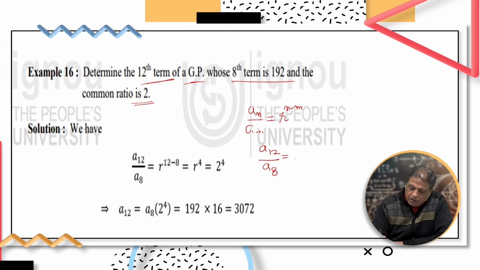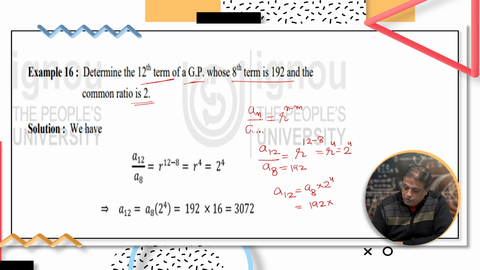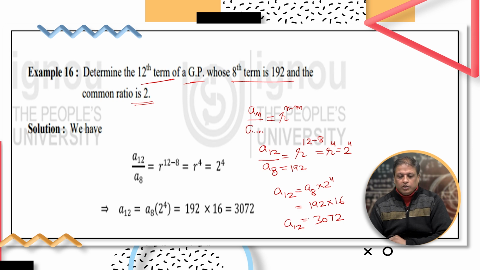So our common ratio r is there, 12 minus 8, that means r to the power 4, and what is r? r is 2, so 2 to the power 4, which is 16, and a8 is given to be 192. So a12 is equal to a8 into 2 to the power 4, that is 192 into 16, and that turns out to be 3072. So, this is the 12th term of the geometric progression.